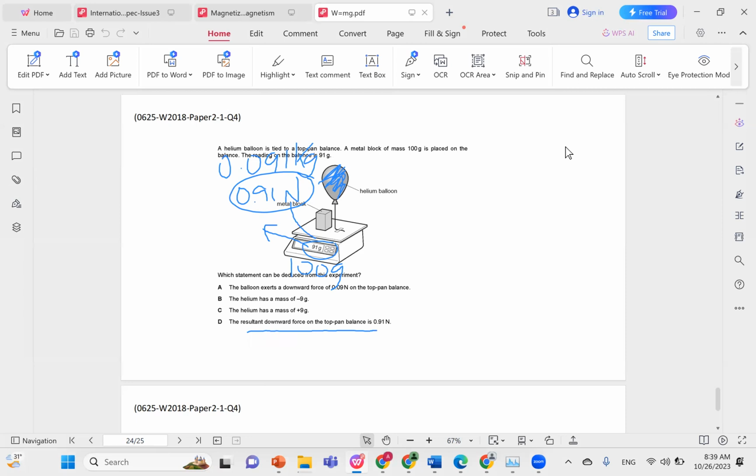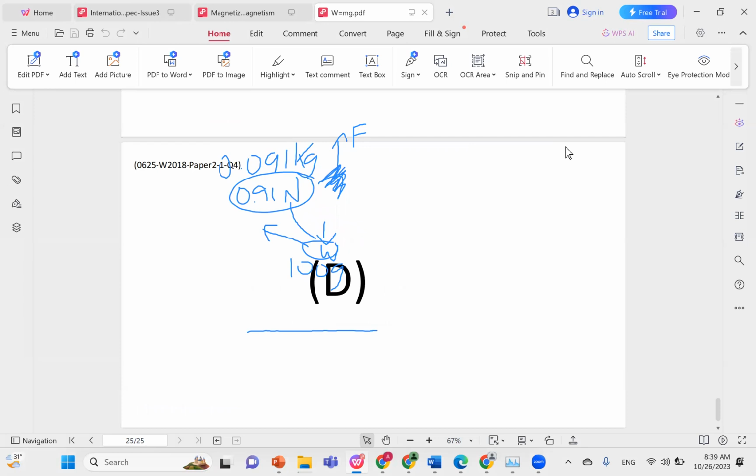As I explained earlier, this is due to an upward force exerted by the balloon that decreases the resultant force. So you have the weight downwards and an upward force, and then your resultant force is basically W minus F. So the correct choice here would be choice D.